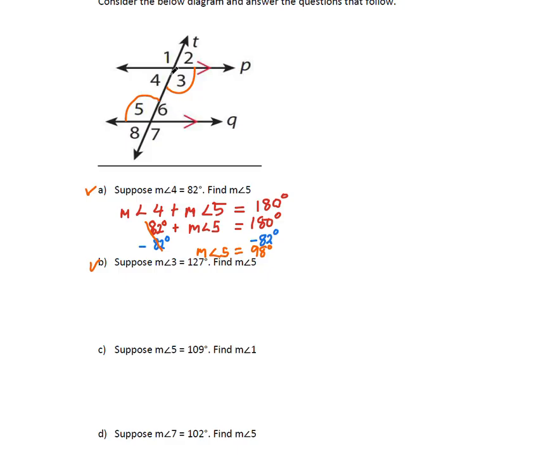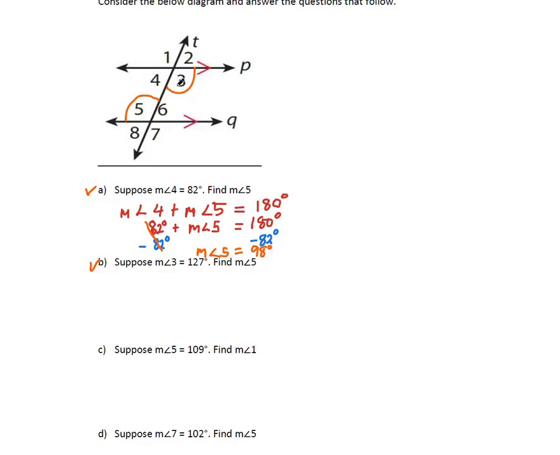But what do we realize about angles 3 and 5 with respect to the transversal? With respect to the transversal T, angles 3 and 5 are on opposite sides of the transversal, or we could say on alternate sides. So therefore, angles 3 and 5 are alternate interior angles.